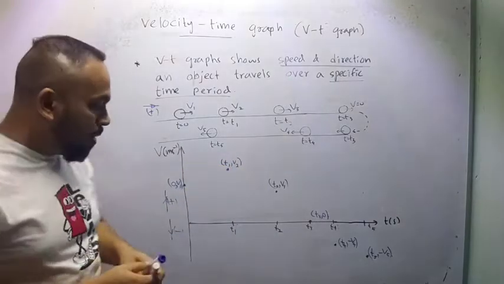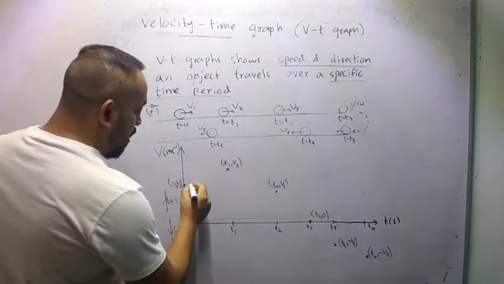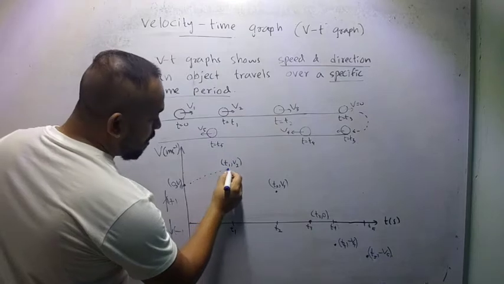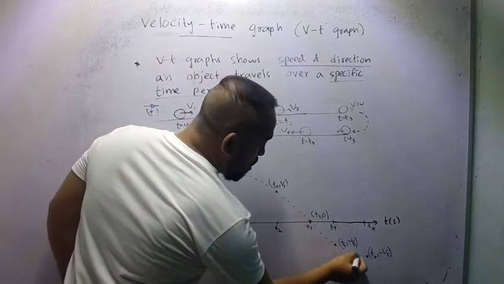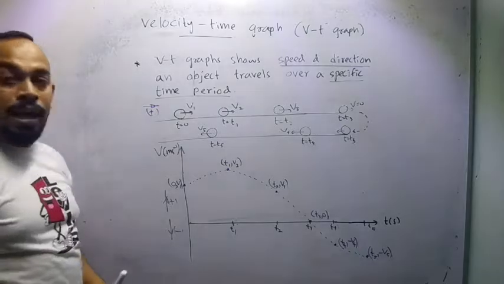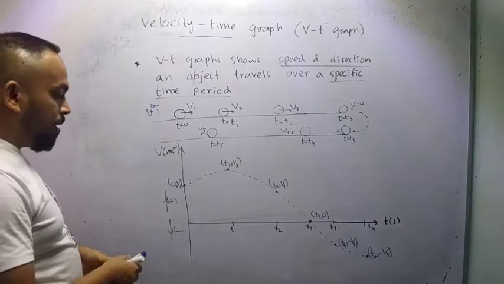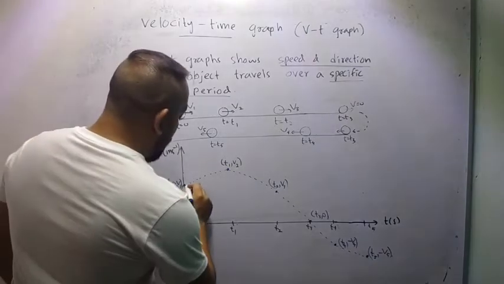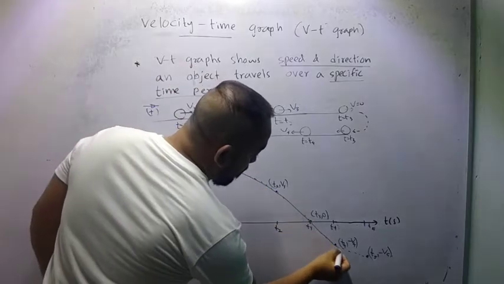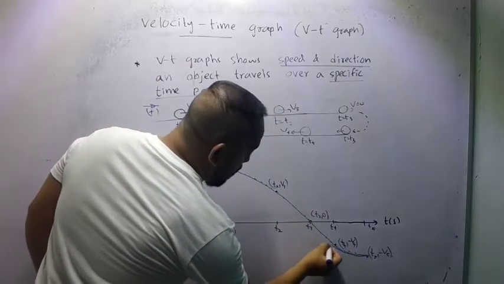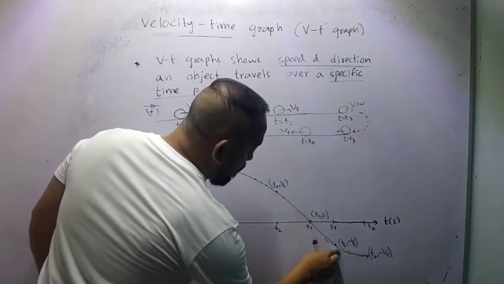Then what happens if you plot them? You would see dots like this, right? Each dot represents velocity and time of the particle. Then if you join these dots, you get a curve, like this, right?